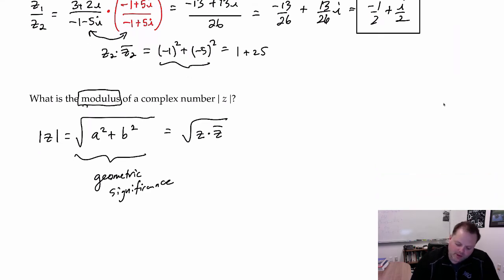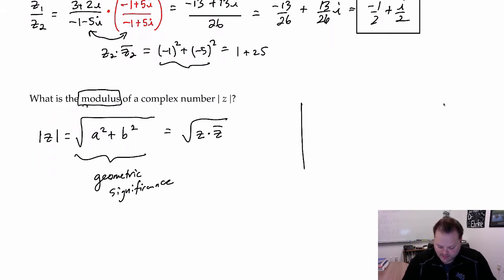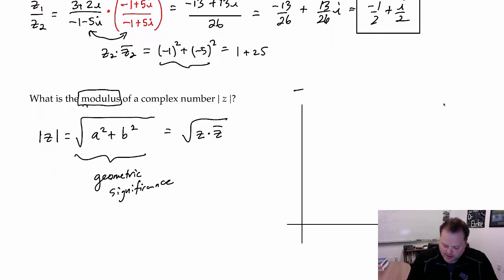of that quantity? Well, recall if we're doing this in rectangular form, this is the real axis, this is the imaginary axis, so real, imaginary, and you're looking at the number a plus bi.